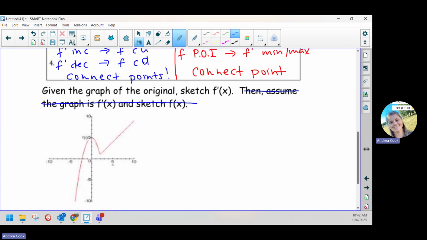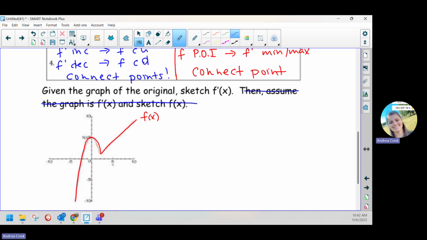We're only going to sketch f prime given f. So this first one, this red line here, that is f of x, and we're going to sketch f prime.